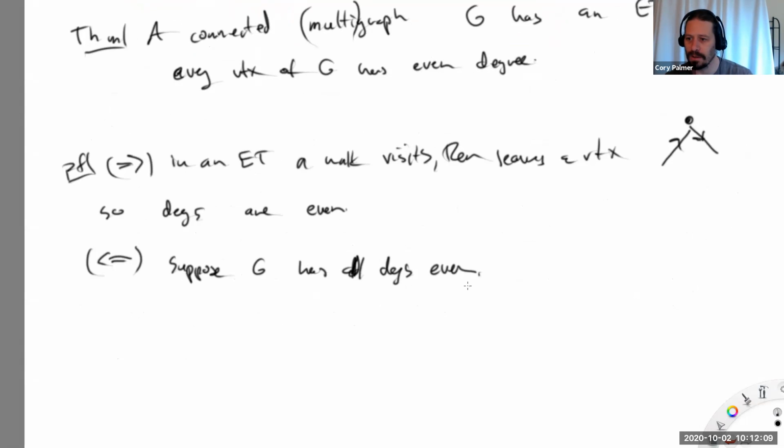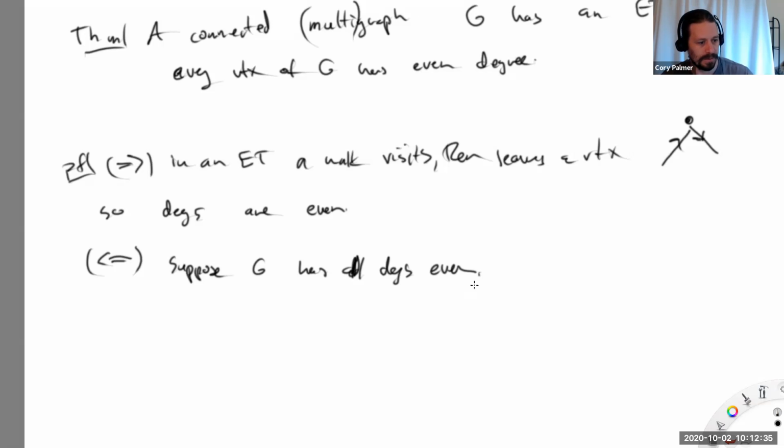Okay, so in a lot of these examples, when we've tried to find what's a good one, we're going to take a longest walk that we have. Typical strategy: if that walk is both closed and uses all the edges, then we're done. So we'll suppose that either of those two things fail and try to rule them out.